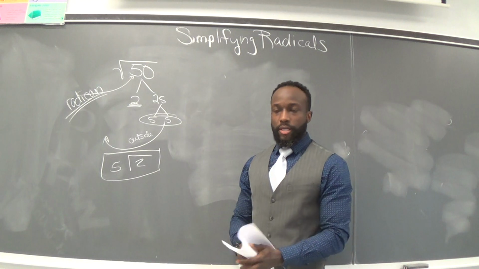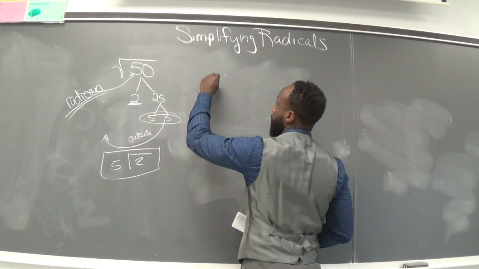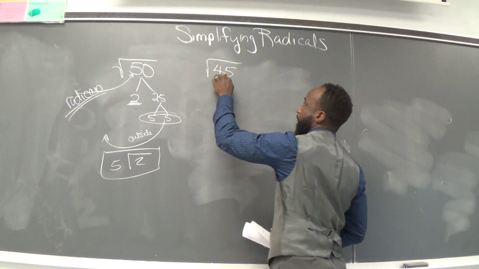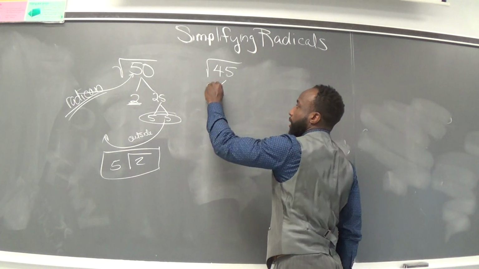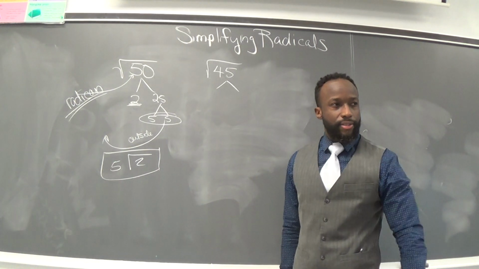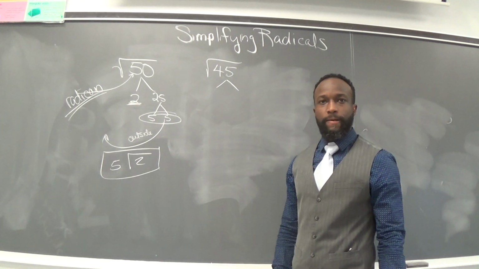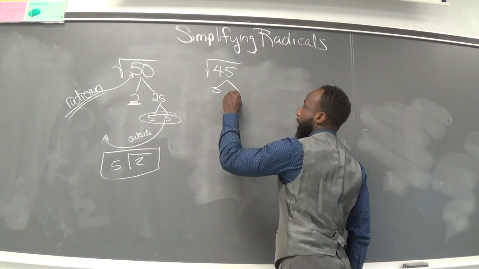Okay? Let's look at another example. Let's look at 45. All right. 45. It's not an even number, so we can look at 3. Can we divide this by 3? Yeah. So we use 3, and 15.